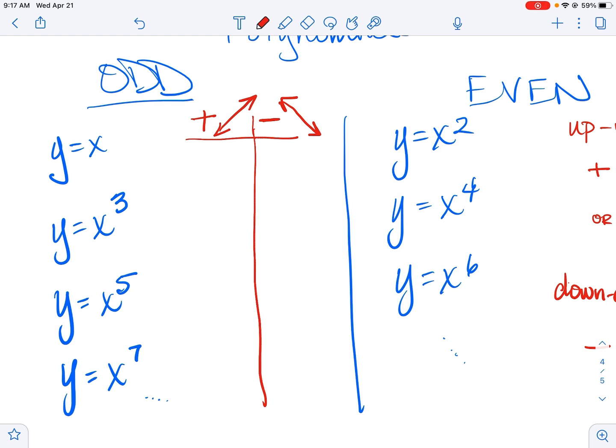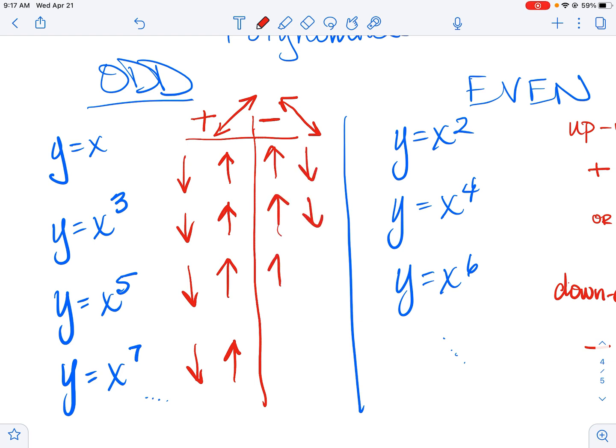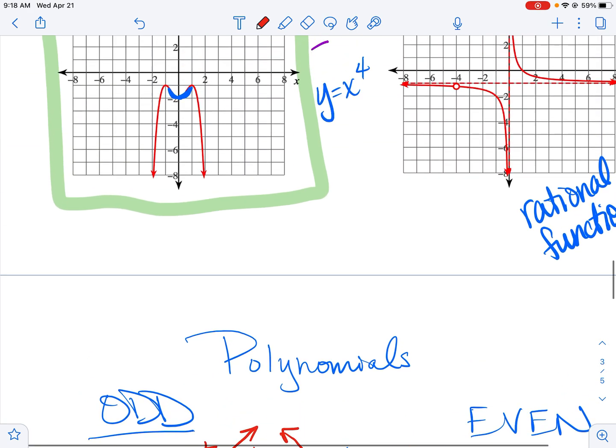So again, for every single one of the odds that are positive, it is down left, up right. And if it is negative for each one of the odds, it is up left, down right.